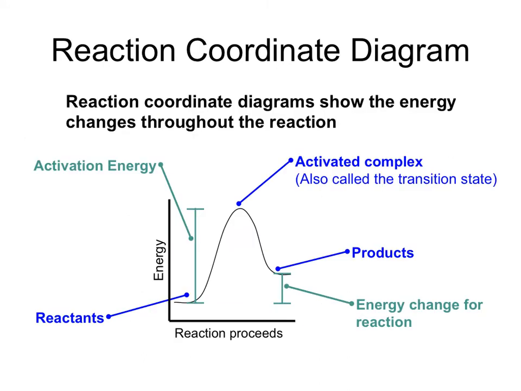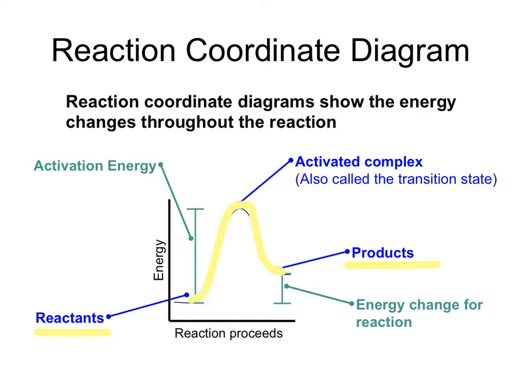So this is a reaction coordinate diagram which shows us the energy changes through a chemical reaction. There's a couple of areas that you need to be able to identify. The reactants will always be on the far left, just like in a chemical equation. The products will be on the far right, as also in a chemical equation. And there will be a line that connects the reactants to the products in a curve.